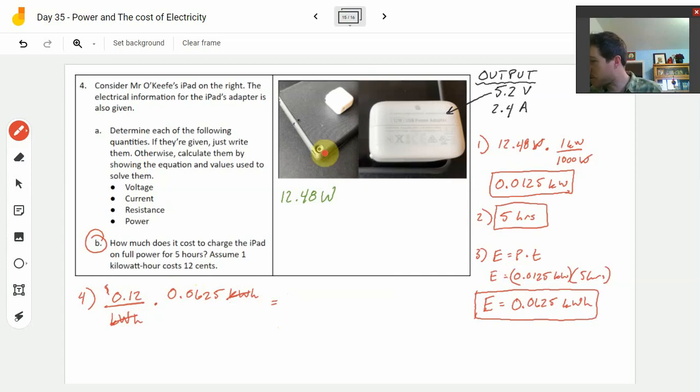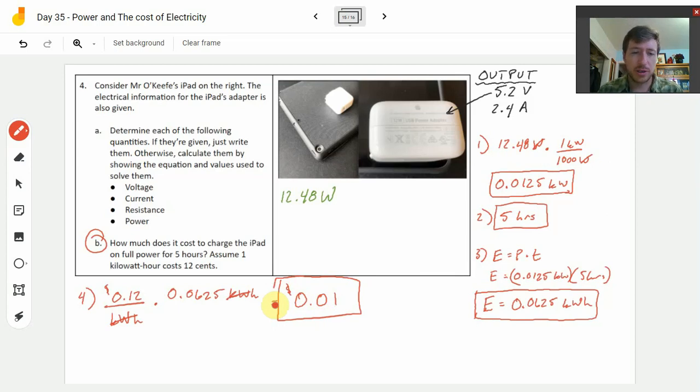And we get 0.075, which we'll round up to $0.01. Right, so it costs you 1 cent to actually charge this thing for 5 hours. So that's pretty incredible that we can actually do that, and it only costs that much.